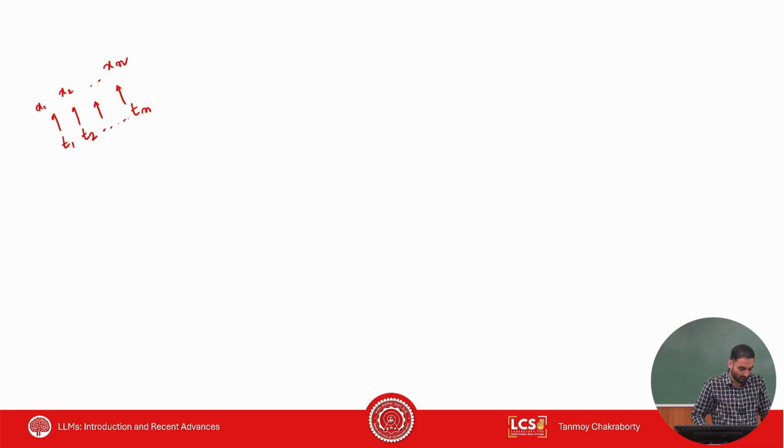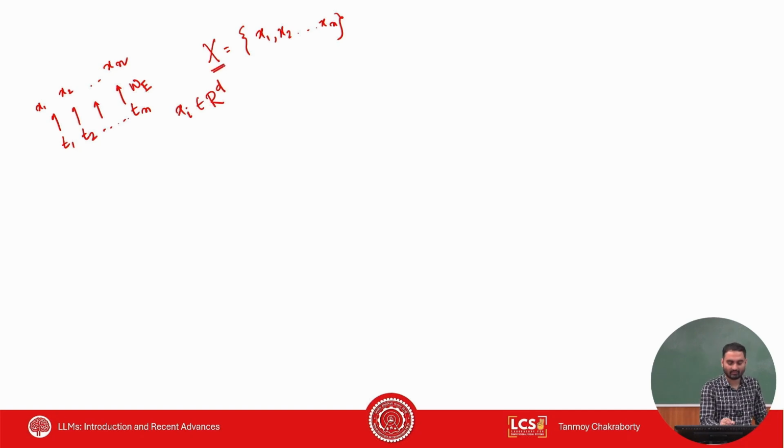Okay, and how did you get it? You basically got it through this embedding layer W_E. Okay, now you can think of a matrix X which represents the input x1, x2 ... xn, right? What is the dimension of all these xi's? The dimension of all these xi's is essentially D.